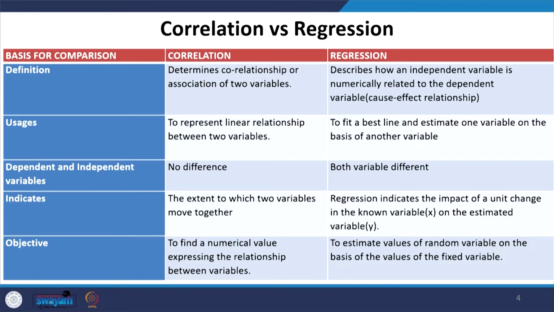We need to first establish the relationship between correlation and regression by their definition, by usage, by which kind of variable they consider, what the indicators are, the objective, etc. Starting with the definition, in correlation we know that there exists a relationship or association between two variables, whereas regression describes how an independent variable is numerically related to the dependent variable with a certain logical relationship between these two.